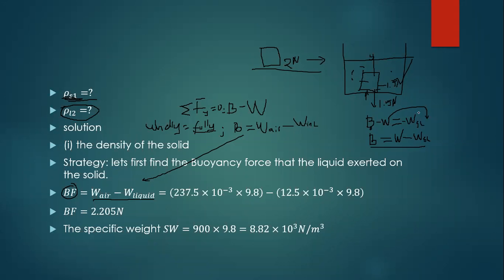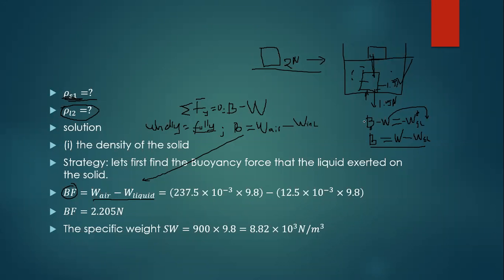Now this would have been 0 if the object was floating. But since it is sinking, when we do buoyancy force minus the weight, we'll get a negative weight. Why are we getting a negative weight?